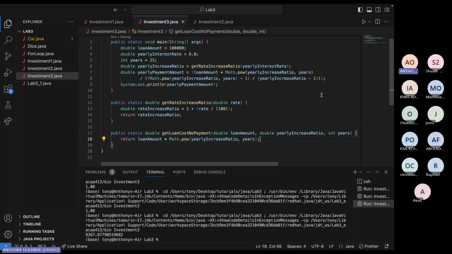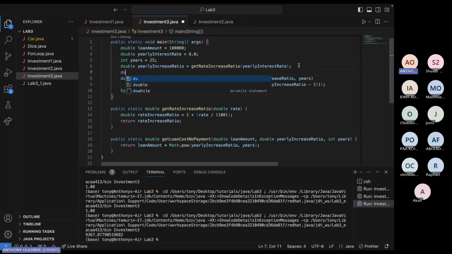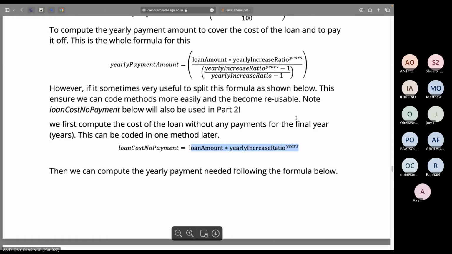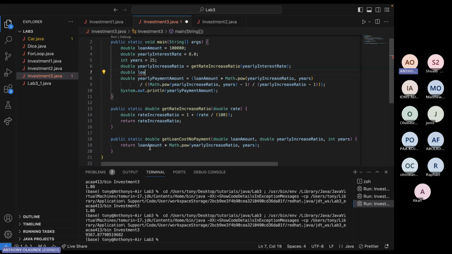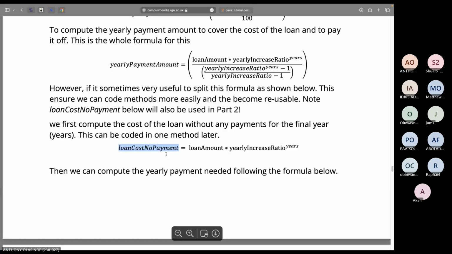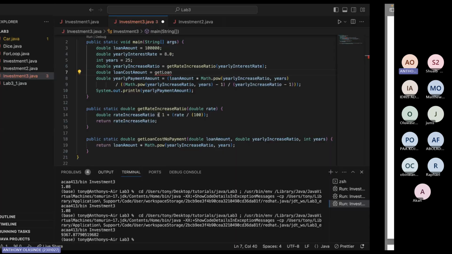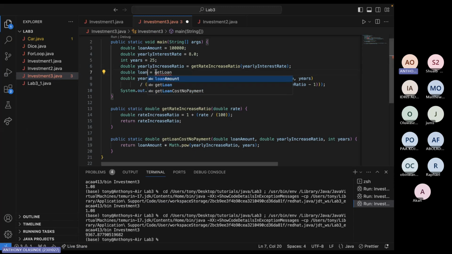So instead of writing this whole thing here, we can just call get loan cost no payment and supply the values. Or we can even do this: double loan cost no payment equals get loan cost no payment.